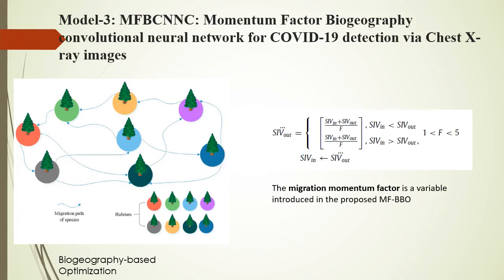The 5th model is an MFBC-NNC method we proposed for COVID-19. Here we first based it on biogeography-based optimization, and in our paper we proposed a new factor called the migration momentum factor, and we use this variable to control the migration speed.